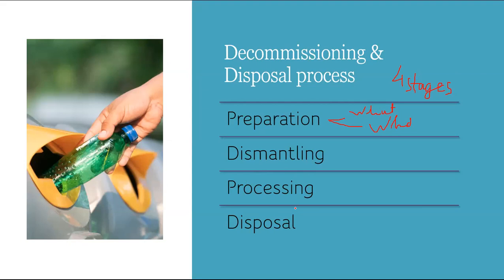And finally, disposal, the project comes to an end, and we process the rest of the machine or the assets, and hold a meeting on lessons learned of the past project. You should revisit these stages in the study guide to review.